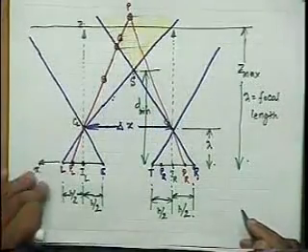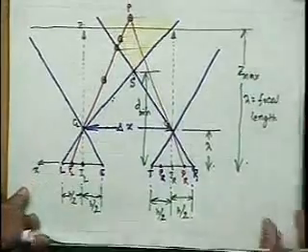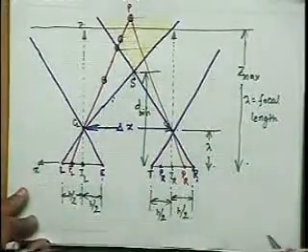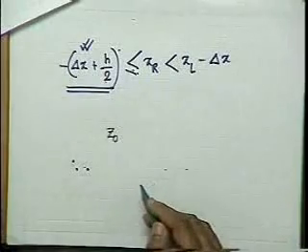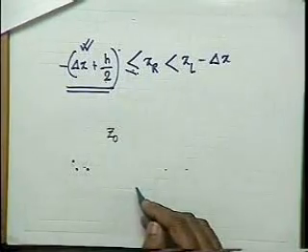And if this distance is equal to D min, then from this diagram I can say that Z0, which is the depth of the point P.